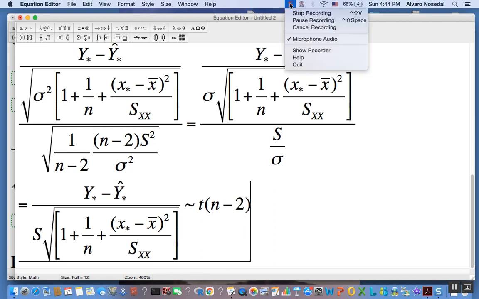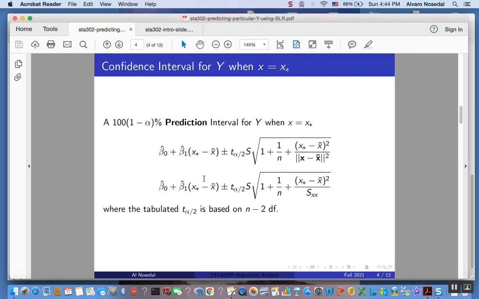Give me just a sec. Okay, I'm back, I found it. This is our point estimate, y hat star, plus or minus a critical value from a t-distribution with n minus 2 degrees of freedom times s times the square root of 1 plus 1 over n plus x star minus x bar squared divided by sxx. So we are done.